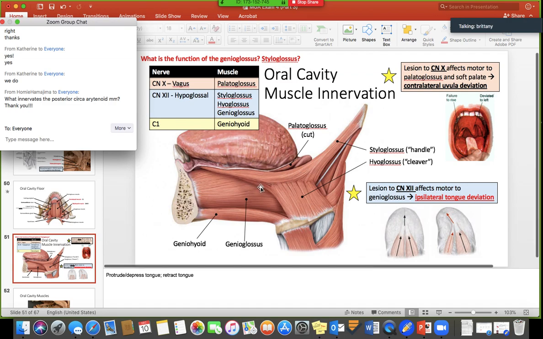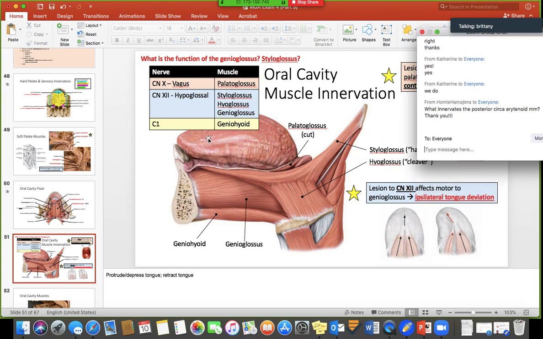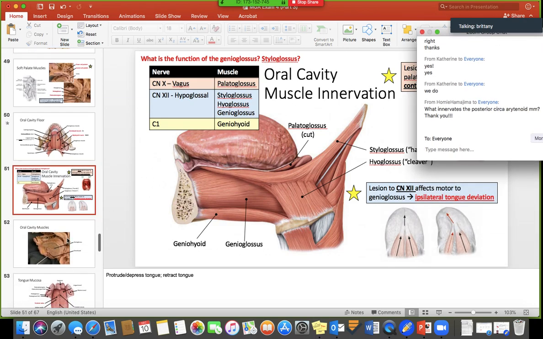Other than that, I would say the hardest thing about this area is just being able to identify the muscles. So make sure you're looking at this area in lab. Because like I said, some of the tags are just as easy as, can you identify the muscle that they tagged? Which can be tricky. I shouldn't say it's easy because it's actually tricky, especially in this area. So spend some time making sure you at least get your muscles down.